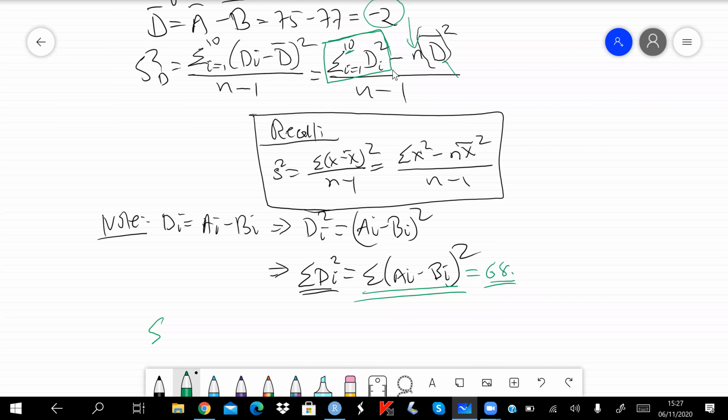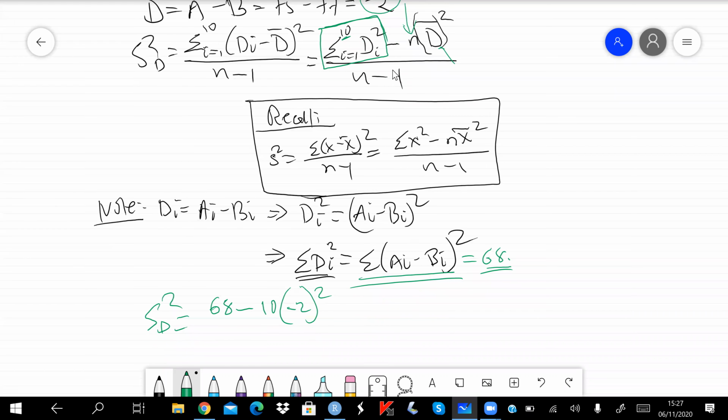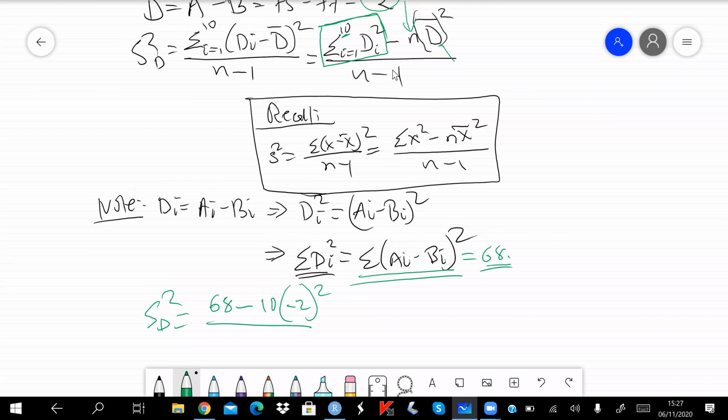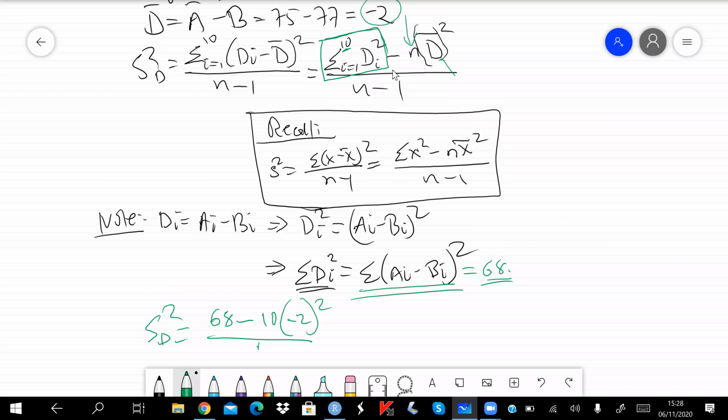So s_d squared is equal to 68 minus 10 times 2 squared, divided by 10 minus 1, which is 9. That's how you get the variance of those differences, and when you use your calculator, you will get something like that.